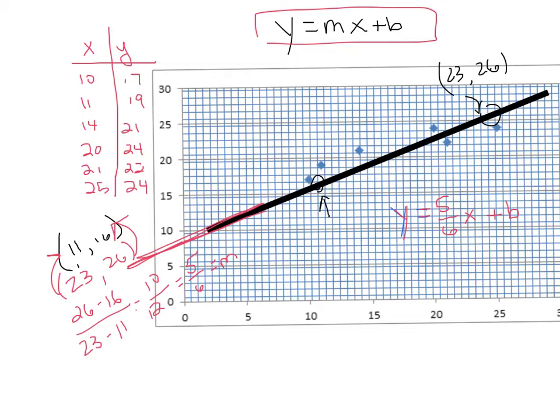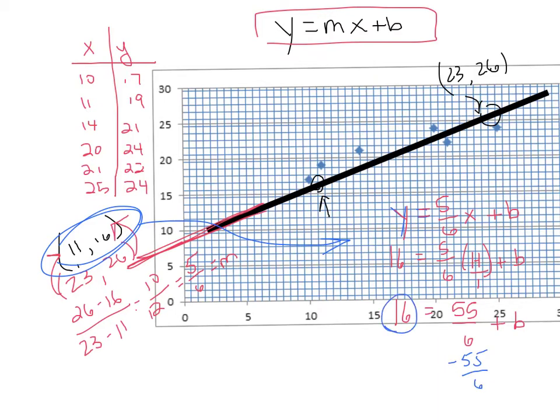We have this equation. We need to find b. Let's pick one of these points, doesn't matter which one, to put it in. So we'll use 16 = 5/6 times 11 + b. Okay, 16, let's make this a fraction, 11 over 1 is 55/6 + b. Now, the easy way to do this, we're going to have to subtract 55/6.